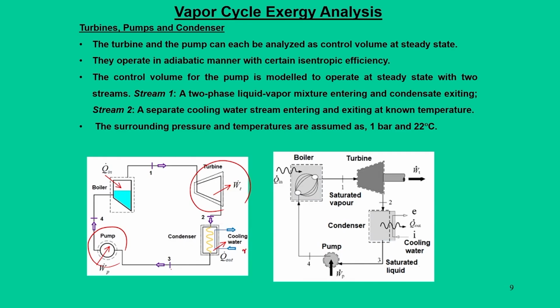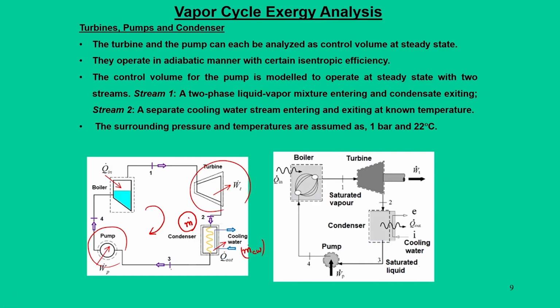So, we say that m dot is the steam, or fluid, that is being circulated within this vapor power cycle, and heat from this m dot fluid is being taken out by cooling water m dot CW, which is entering at some state and leaving at some other state.